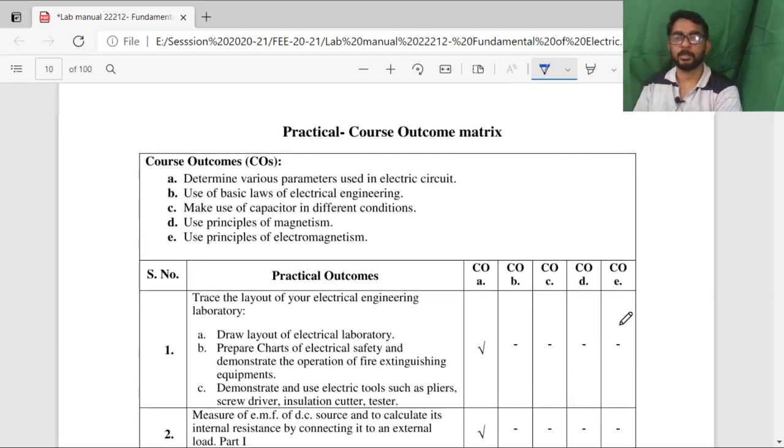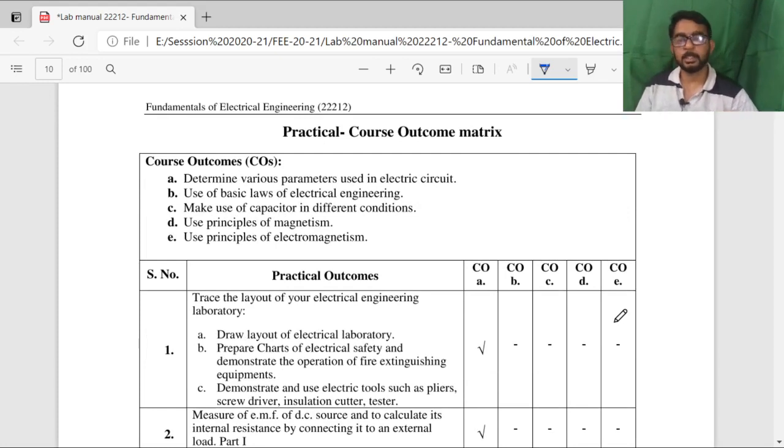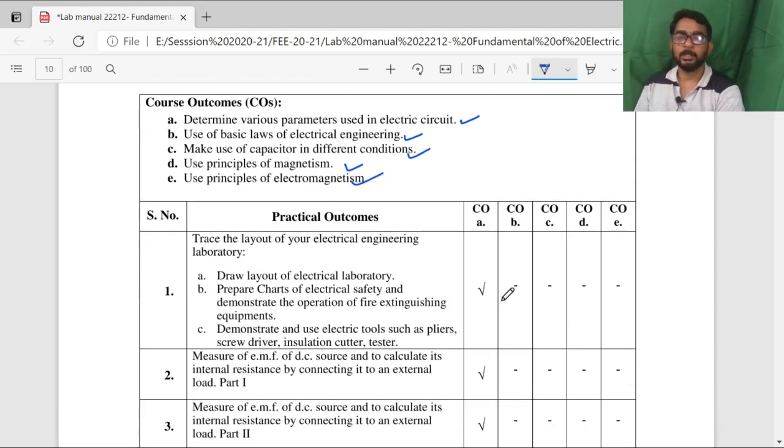Then the practical outcomes. First, determine the various parameters in the circuit, use the basic laws, make use of capacitors, and use the principles of magnetism and electromagnetism.